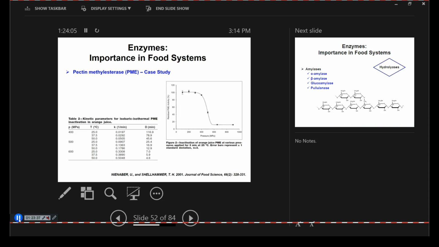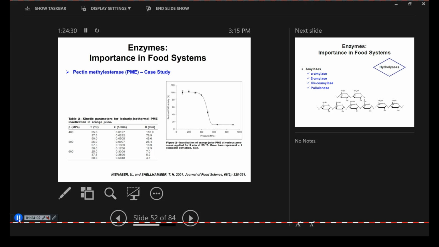So what happened here? They found that when you have pressure at 500 or higher, you can actually see a reduction in the residual activity. Here they looked at temperature and pressure combinations. They determined the D-value, which is the time needed to reach 1 log reduction in activity.